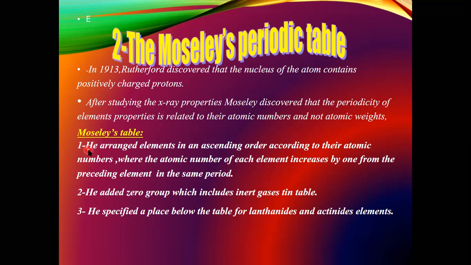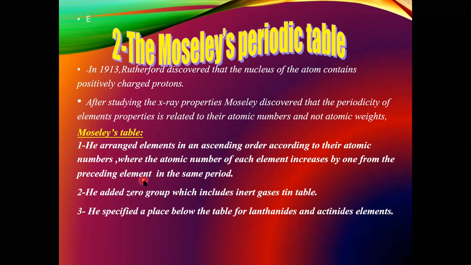So Moseley's table يعني characterized by three things. ايه هما three؟ He arranged elements, ودي مهمة جدا, in an ascending order according to their atomic numbers. الفرق هنا ان مندليف عملوا according to atomic weights. هنا according to atomic number, also from left to right, where the atomic number of each element increased by one from the preceding one. يعني لو هو هنا 5 يبقى اللي بعديه 6 then 7 then 8 زيادة بواحد.